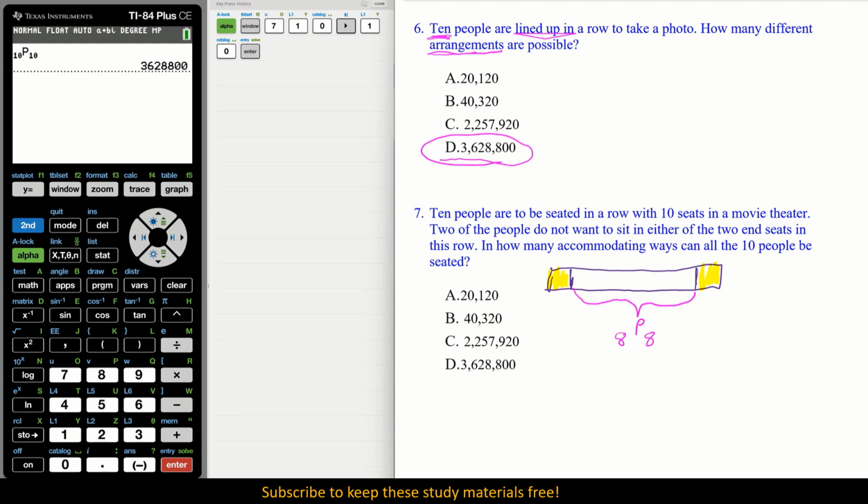Okay, well, look over here on the end. On the end, how are we going to seat the people? Well, we have 8 seats. From the 8 possible situation, we're going to pull 2 out of the 8. Okay, so that would be, of the 8, we're pulling 2 out.